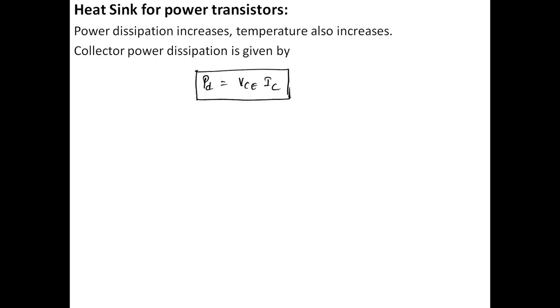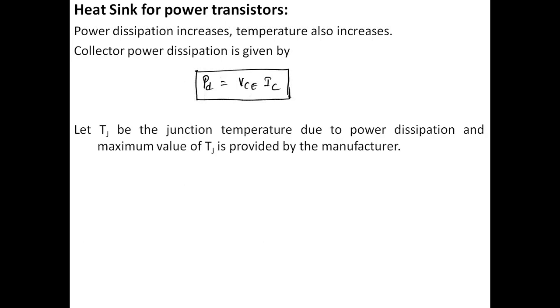We know the basic formula which we have already seen in power amplifiers. The collector power dissipation PD is equal to VCE times IC. Let Tj, where J is the junction, be the junction temperature due to the power dissipation.